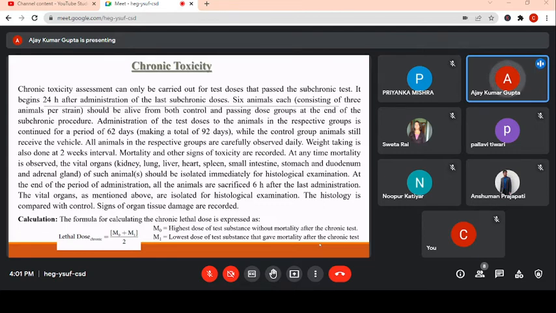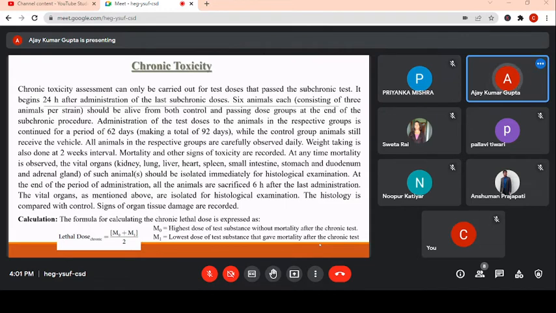So the vital organs, as mentioned above, are isolated after the sacrification, completion of the chronic toxicity. For the histopathological examination, the histology is compared with control, as already told to you. Signs of organ tissue damage are recorded. So the calculation: here you are also seeing the same formula.